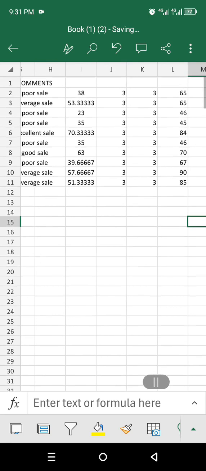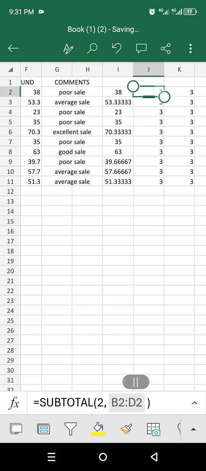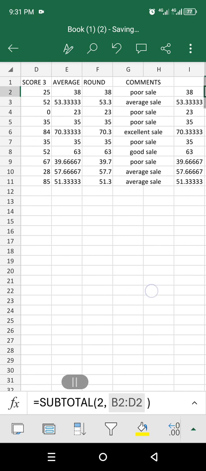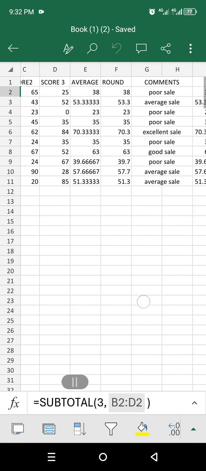Now let us come back to J and K, where we are having 3, 3, 3. We earlier said that this 3 means the number of cells that have value. So what do this one mean? Let us see the difference.